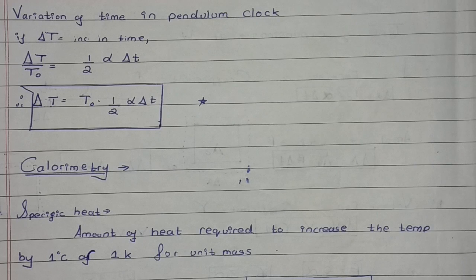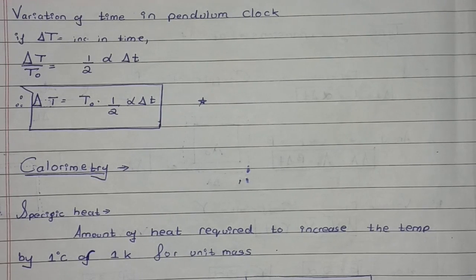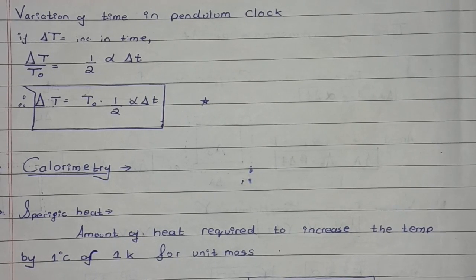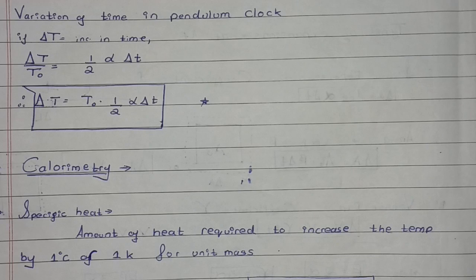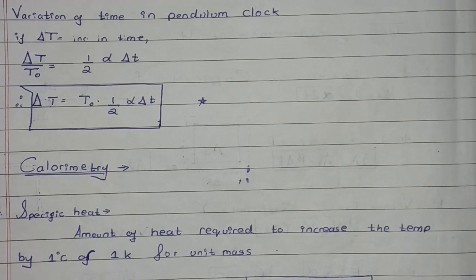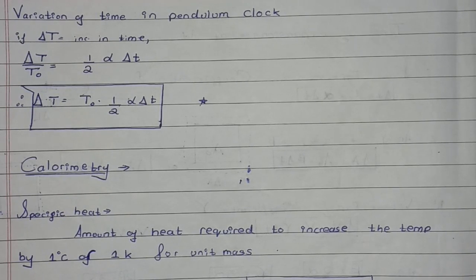So delta T upon T naught equals half of alpha delta T. That's the simple formula, like delta L equals L naught into alpha delta T. Here delta T equals T naught into alpha delta T divided by 2. That's the variation of time. That means the clock would differ by this time if we increase or decrease the temperature. The sign could be decided by the temperatures.